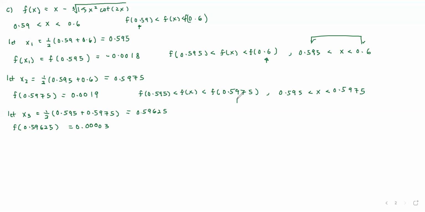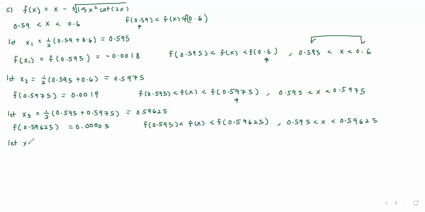Then this value is replaced now. We know that f of 0.595 is less than f(x), which is less than f of 0.59625. Then x will be in between 0.595 and 0.59625. To three significant figures, they are not the same.